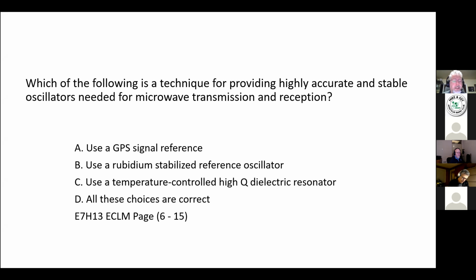C, use a temperature controlled high Q dielectric resonator. Or D, all of these choices are correct. Delta is correct. All of these are correct. You can use a GPS, a rubidium, or a temperature controlled high Q. So all of these are correct.